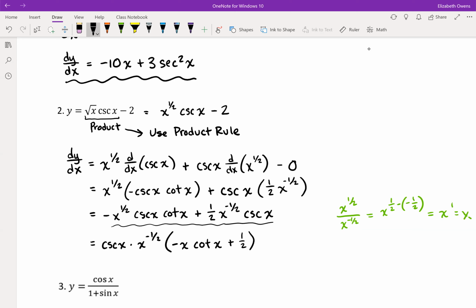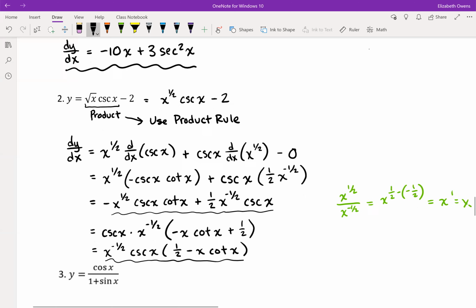Or more likely, you'd probably put that x to the negative 1/2 out in front like this. x to the negative 1/2 cosecant x, and then 1/2 minus x cotangent x. Okay, so that's also a nice form for this solution.